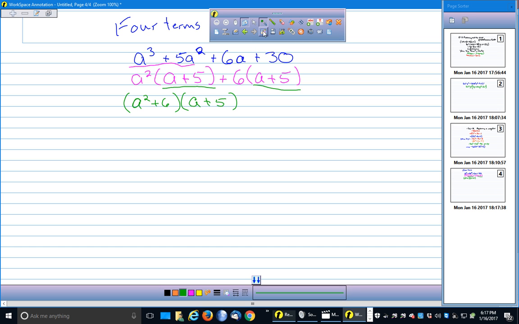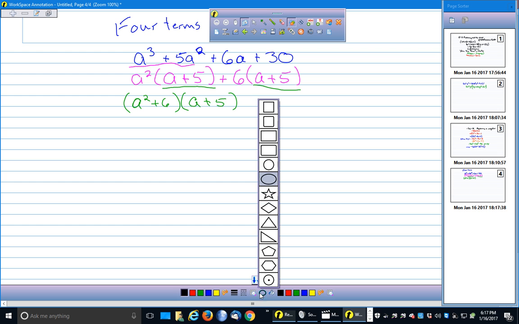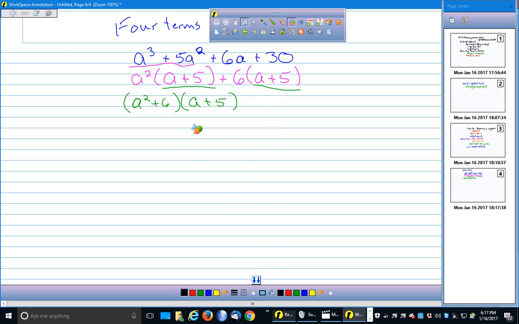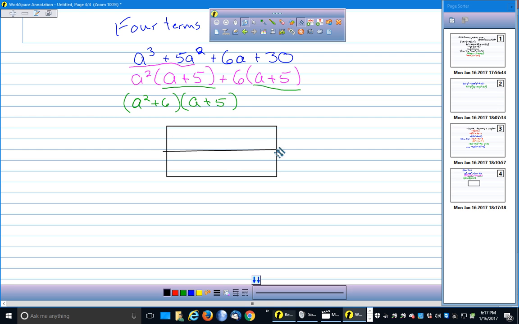Another way to think of this is as kind of doing the thing we did with the box method in reverse. So I'm going to draw a little box here, and in the top part of my box, I'm going to put my first two terms.